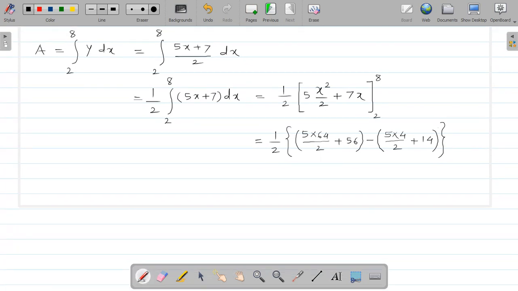Now solve this, we get here 1 by 2 as it is. Now in curly bracket, first of all solve this bracket. So it will be, if you divide this, then 5 as it is, 5 into, we get here 32, plus this is 56, minus here in this bracket you will get 10 plus 14.